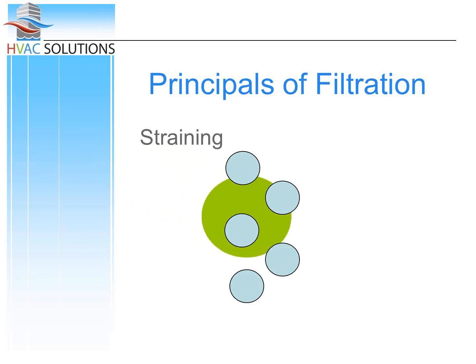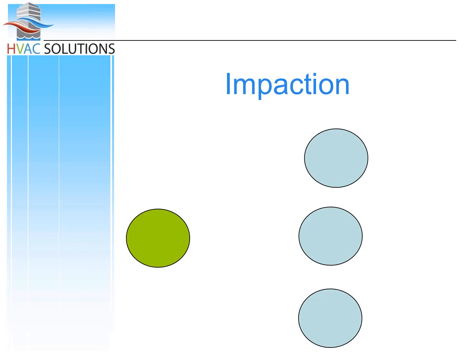The second one is impaction. So what you've got is a smaller particulate, and this particulate's going pretty fast, and it's what I like to call the head-on collision. It's going really fast, and it slams smack dab into that filter and gets caught.